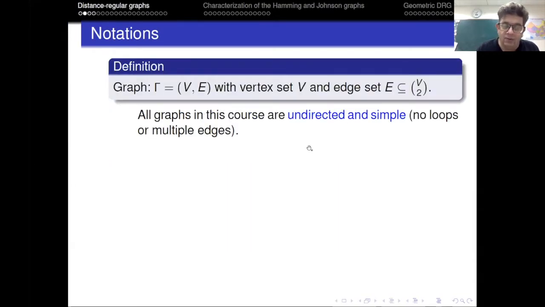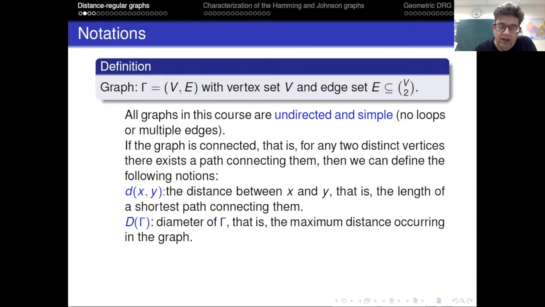First, the notation, so that everybody is with me. My graphs are undirected and simple, no loops and no multiple edges. The graph is connected if for any two distinct vertices, there exists a path connecting them. Then we can define the following notions: the distance between two vertices x and y is the length of a shortest path connecting them.